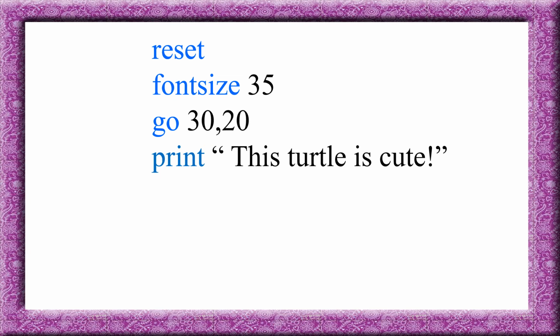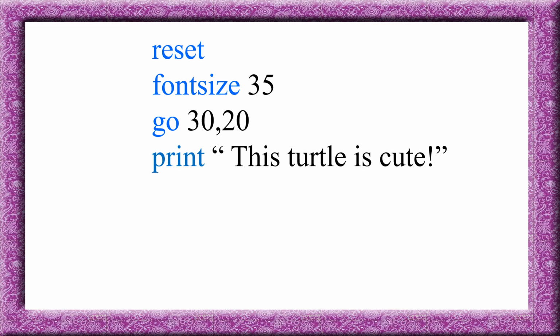Next, go command. It gives 30, 20, so that you can move the turtle from the top left corner 30 steps to the right and 20 steps down on the canvas. Next, print. This turtle is cute. Then the code writes the text at the position of the turtle horizontally on the canvas.